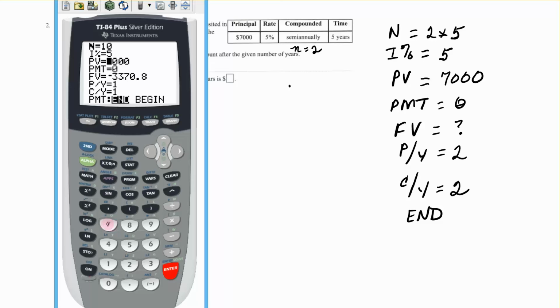The present value is 7,000. Enter. Whoops, I messed up on that. Let me go back up and over and delete one of those zeros. The payment is 0. The future value, I'm going to push clear because I don't know what it is. Payments per year. Come on down.